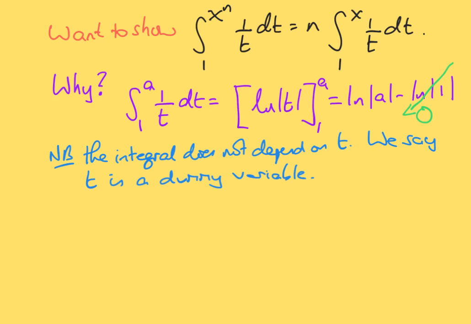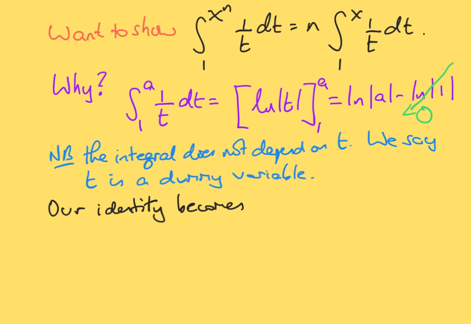Okay, so what this tells us is that the left-hand side of our identity, the one that we want to show, is going to be equal to the logarithm of our upper limit, x to the n.